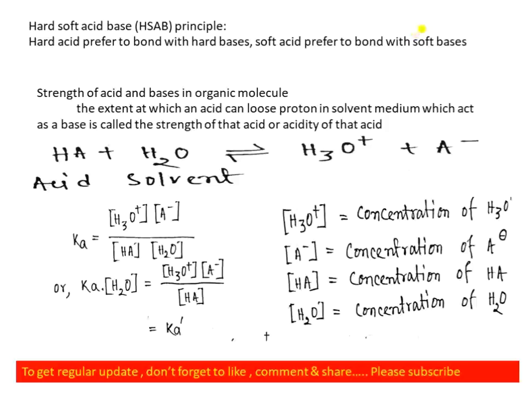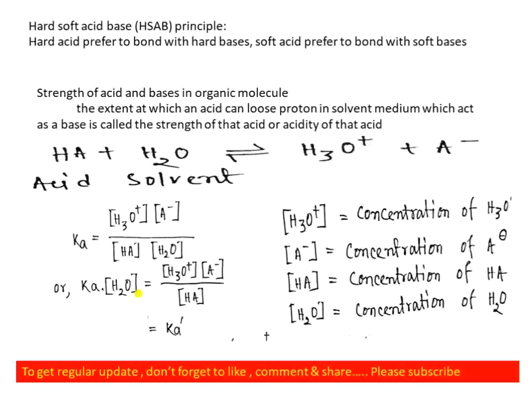If we shift the concentration of H2O to the left-hand side, because the concentration of H2O is constant in the reaction, we find another value, Ka prime. Here, Ka or Ka prime is called the dissociation constant or ionization constant, and it is the measure of the acidity of the acid. Ka is also called the acidity constant of the acid in water.